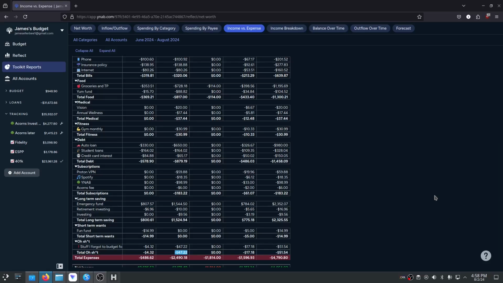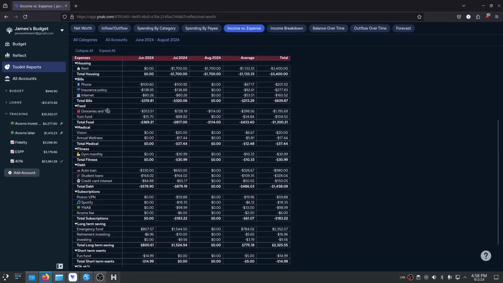Let's look at other variable expenses. One would be the groceries and toiletries. This month grocery spending was $728.18, plus the occasional eating out $88.82, a total of $817.